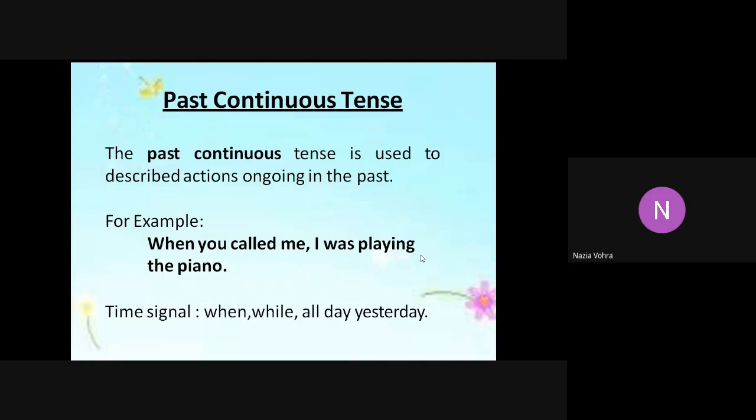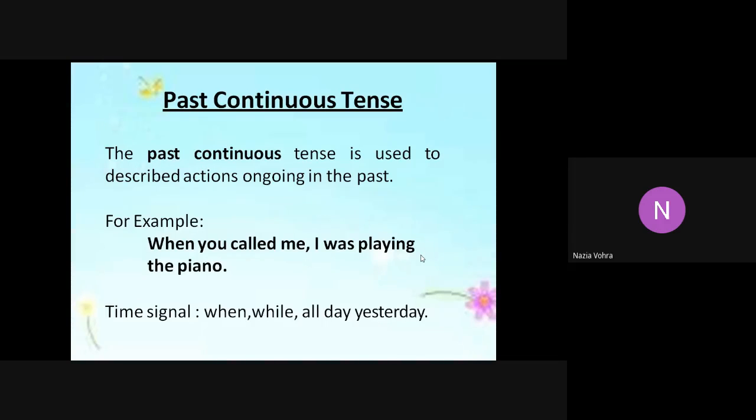Past continuous tense is just used to describe an action which is ongoing in the past. When you called me, I was playing a piano. તે મને જ્યારે કોલ કર્યો તો ત્યારે, at that point of time, what activity were you doing? You were playing a piano. So was is used for the past tense.